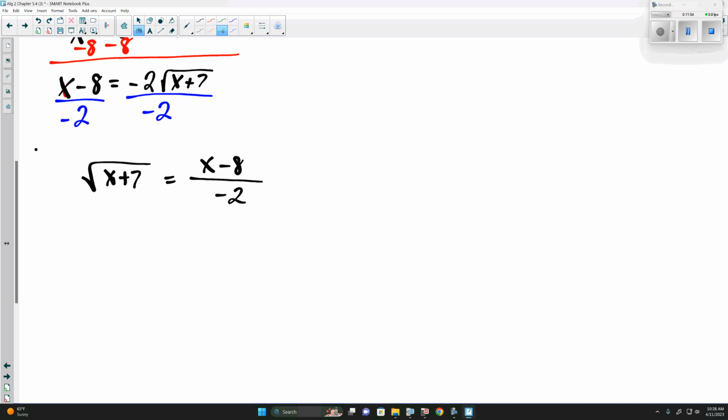So we've got the radical by itself, yes? So now, step 2, put both sides to the nth power. So we're going to square it again.